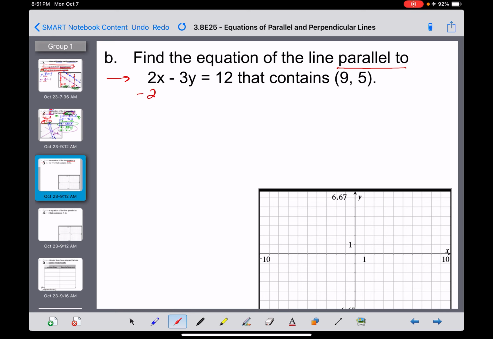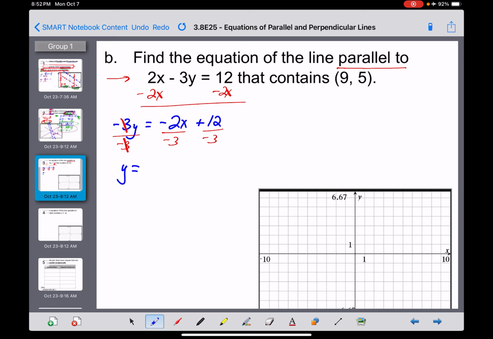First step, minus 2x from both sides here, and that is going to give us negative 3y is equal to, probably better to write this as, negative 2x plus 12. Then from there, we'll divide all three terms by negative 3, which was our coefficient of y, and we're going to get y equals negative 2 divided by negative 3.